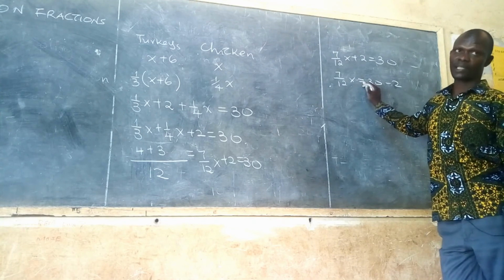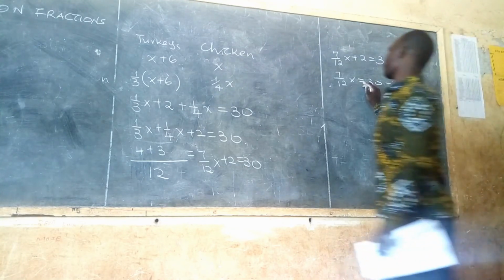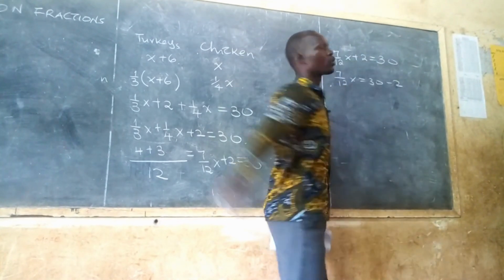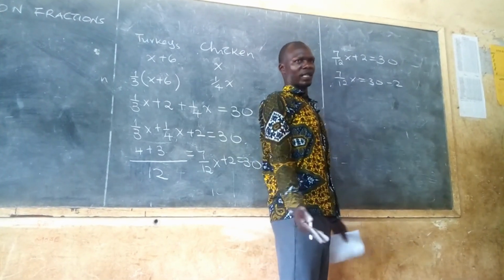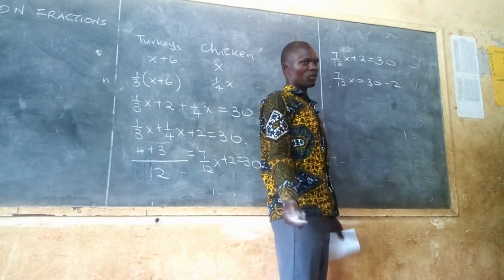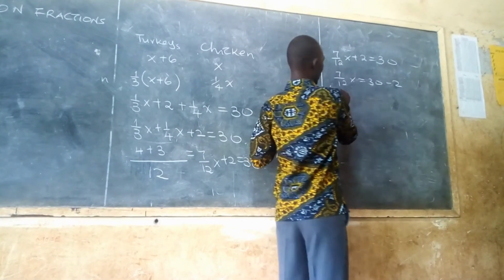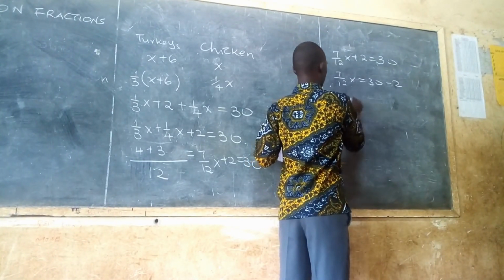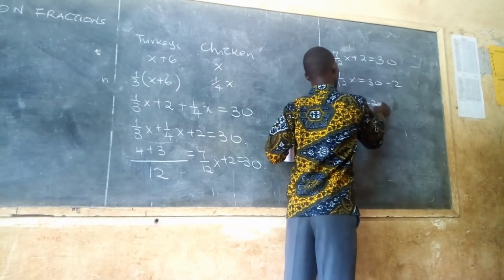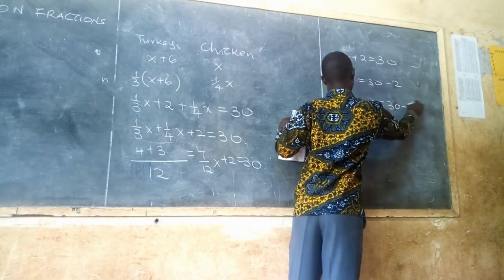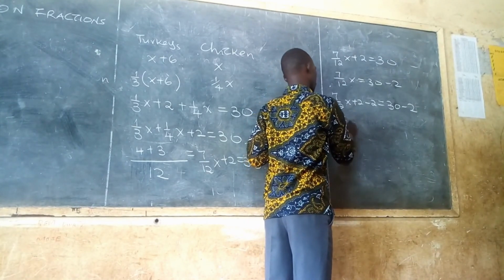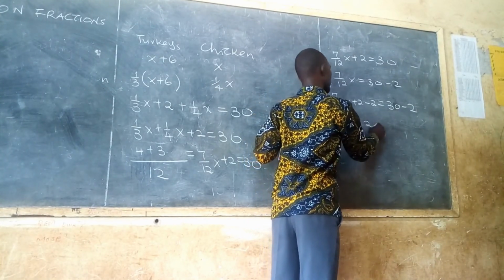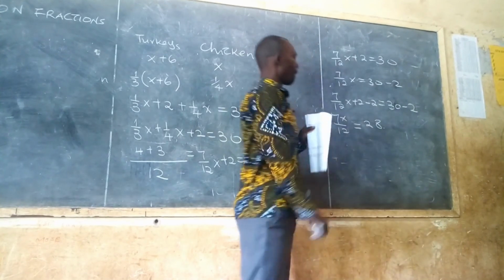So the correct mathematical statement is, we are supposed to take away 2 from both sides. We don't say when it crosses the equal sign. That is not mathematical. So the correct thing is 7 over 12x plus 2 minus 2 should give you 30 minus 2. So at the end of the day, 7x over 12 should give us 28.